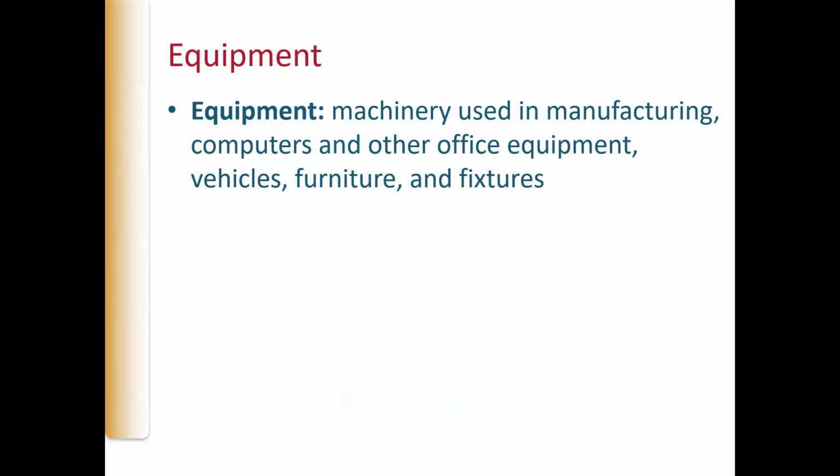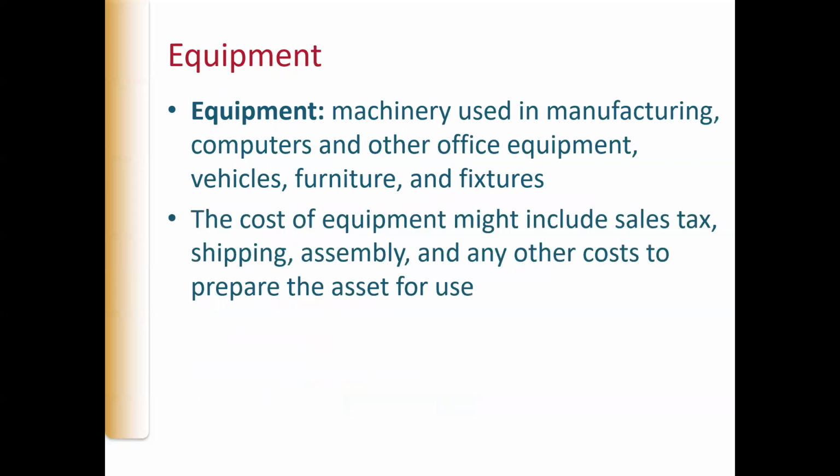Now, equipment. Machinery that's used in manufacturing, or it can be office equipment, computers, vehicles, furniture, and fixtures. This is another category of an asset.